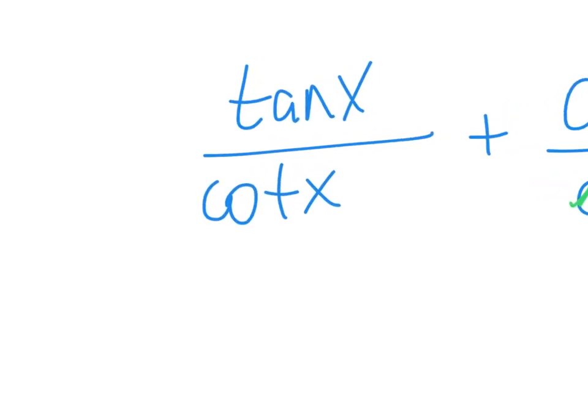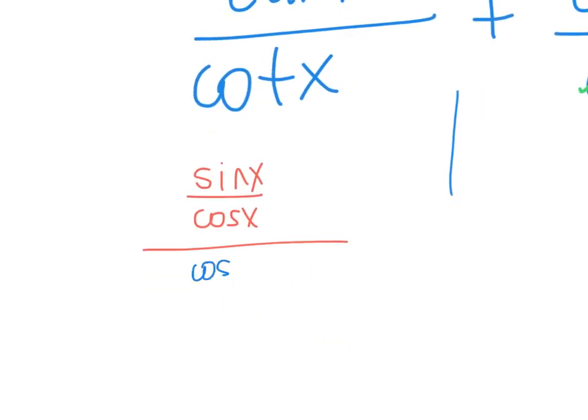So tangent is going to become what? Sine x over cosine of x, divided by cosine x over sine x. Agreed? Okay. And what do I still have at the end? I still got that plus 1. Don't forget it.